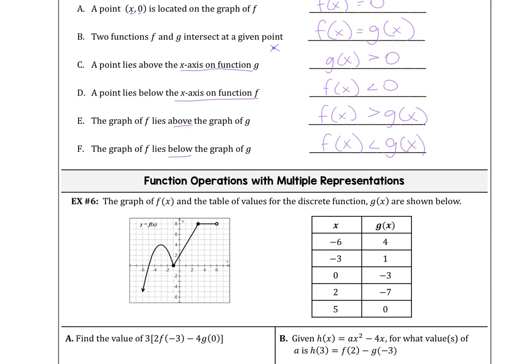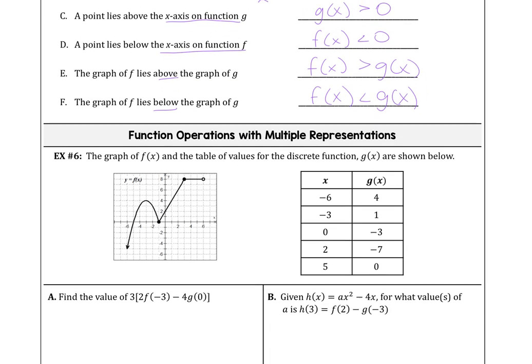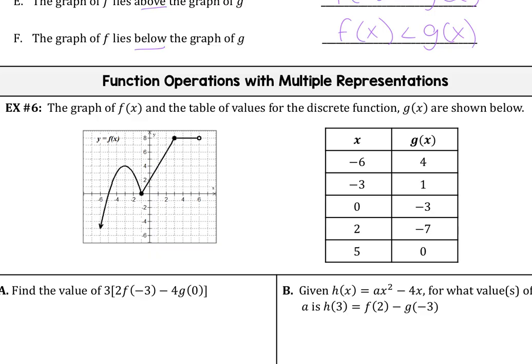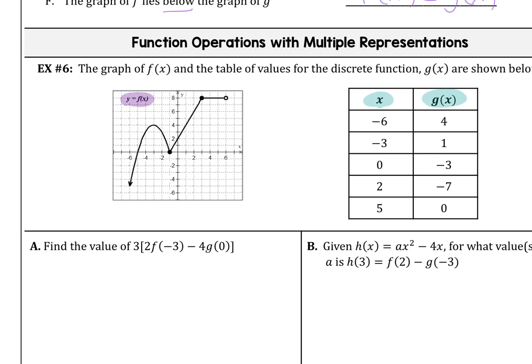So, function operations with multiple representations. We have two things given to us. We have f of x on the graph, so this whole graph is f of x. And then we have g of x on our table, x comma y. So we're interpreting the information. Find the value of this whole thing: 3 times 2 times f of negative 3.